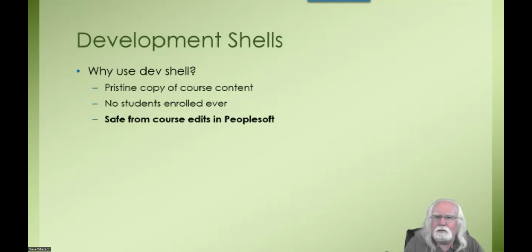So far safer to create your course in a development shell that PeopleSoft can't touch, and know that it's safe, that nothing will ever have to happen to it. The very next time that we lose data from Canvas will be the first time. It's never happened. Your Canvas courses are backed up all across the world, multiple times.